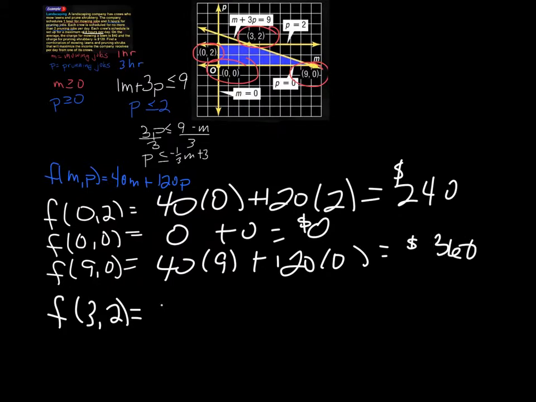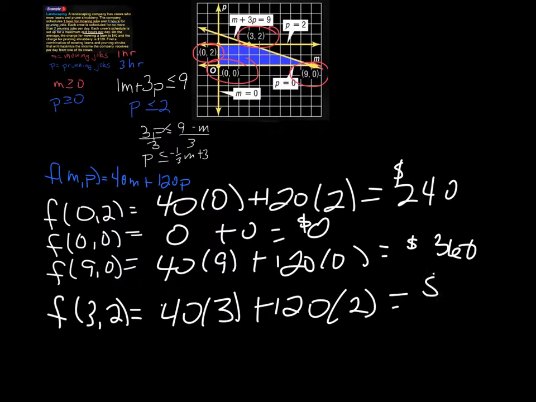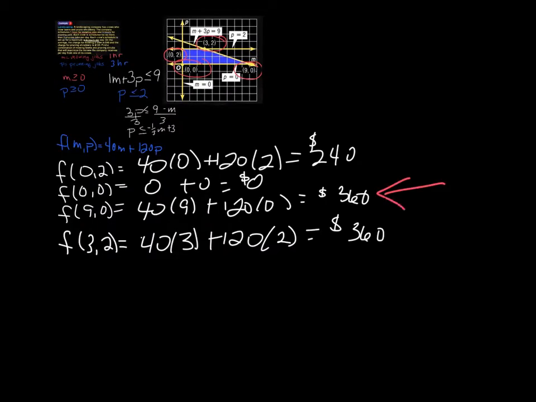And 40 times 3 plus 120 times 2, 120 plus 240 would also be 360. So 2 of our vertices give the same maximum.